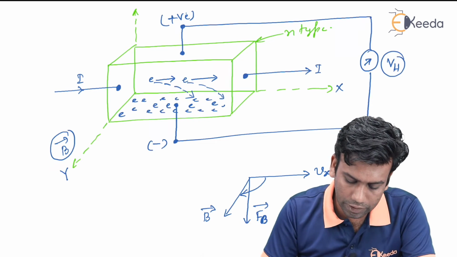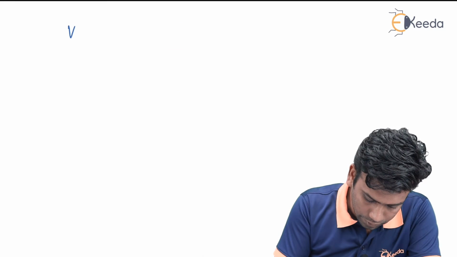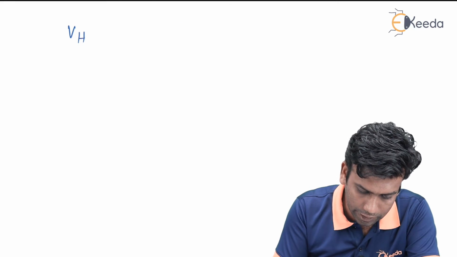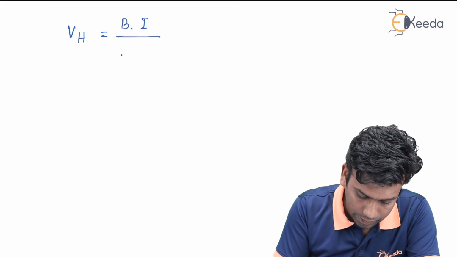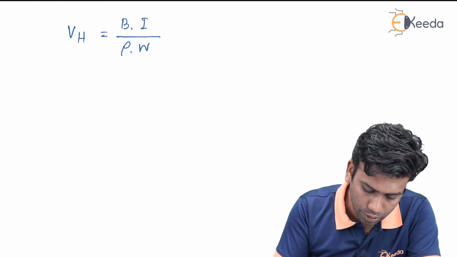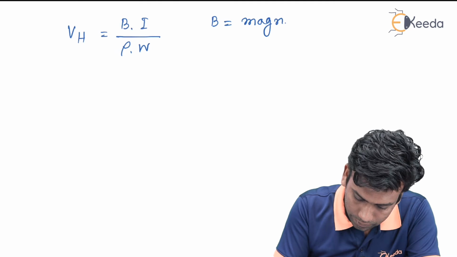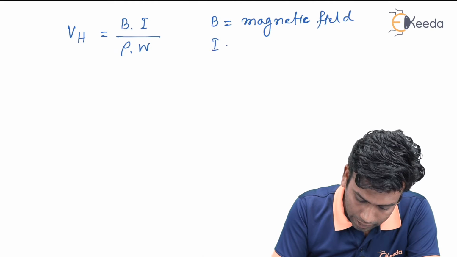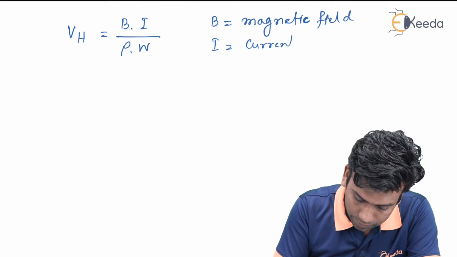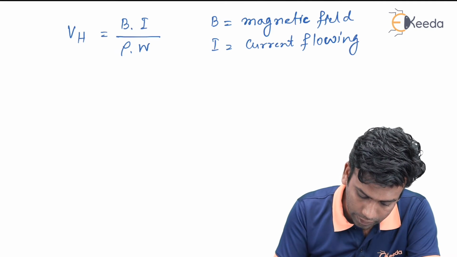Now, this Hall voltage will have a value of this amount. Vh, that is the Hall voltage, will be written as B I by rho into W, where B is the magnetic field that has been present and I is the current flowing through the semiconductor.